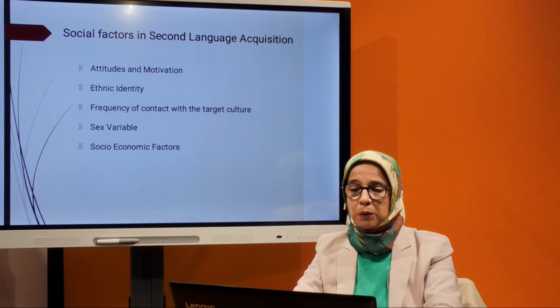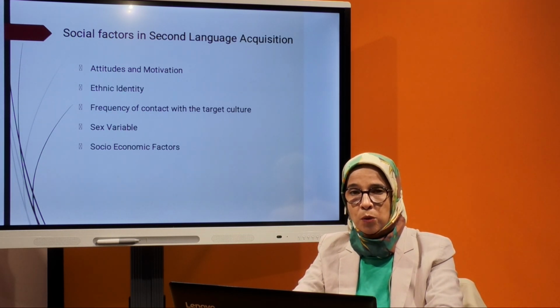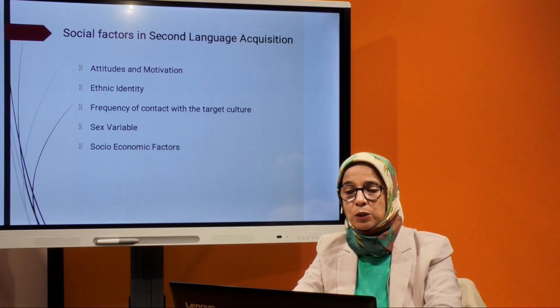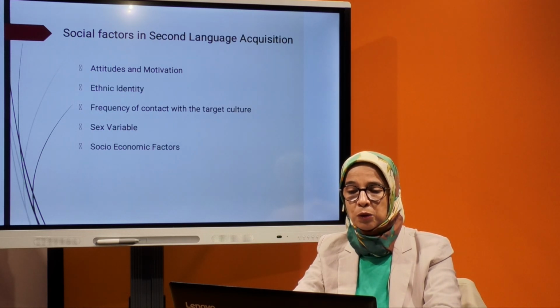It has been found that learners belonging to a high social class adopt more positive attitudes towards the target language and have higher scores in language tests than learners belonging to a lower class.